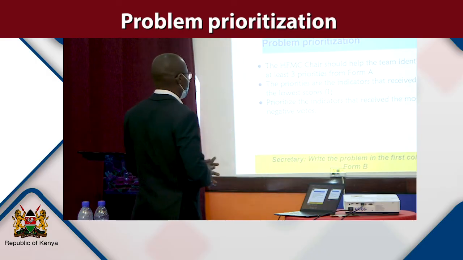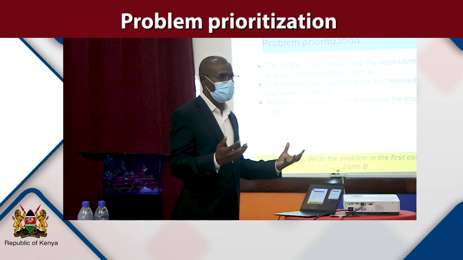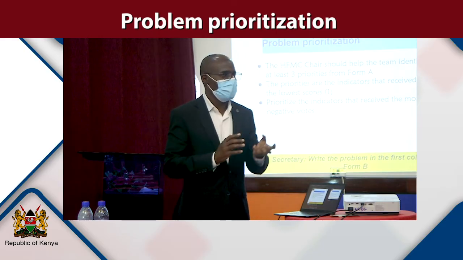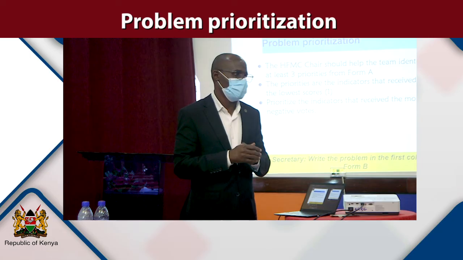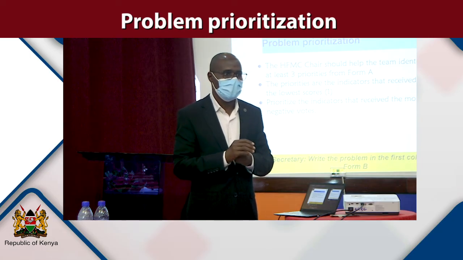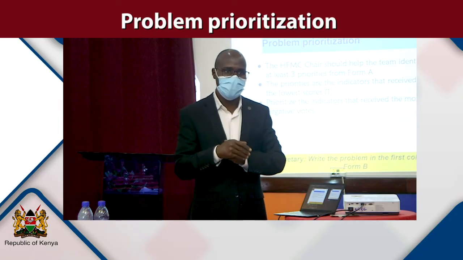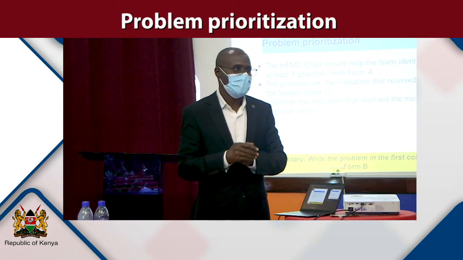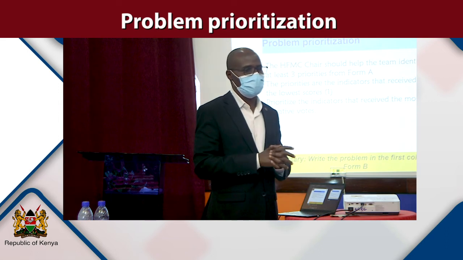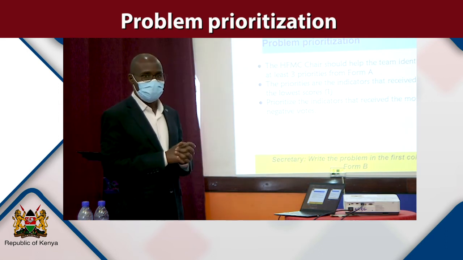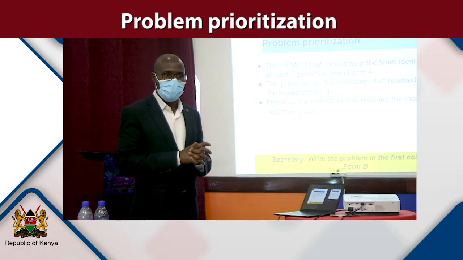So we always recommend that you identify at least 3 priorities, 3 indicators that are not doing very well. Of the 5, only identify 3. These are the ones you zero in on, find solutions and develop an action on. So how do you identify 3 indicators out of 5? Very simple. Look at the indicators with the lowest score.